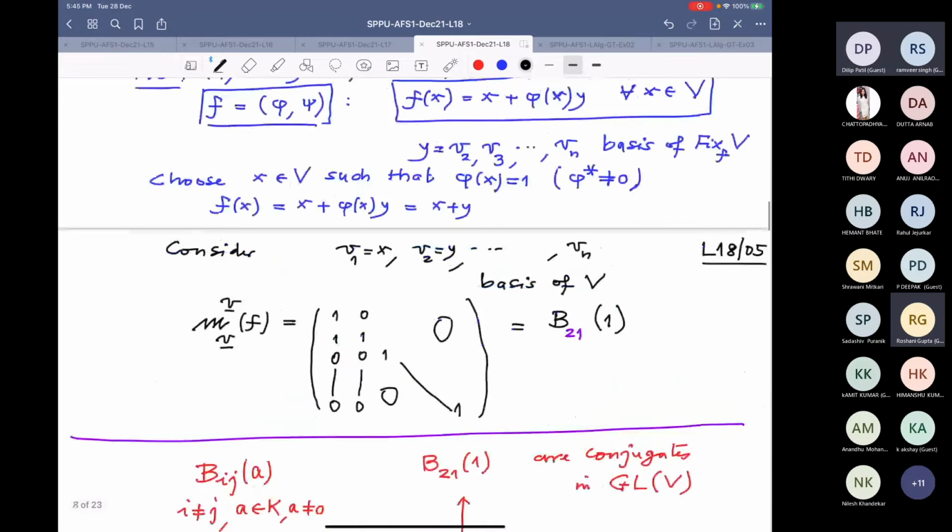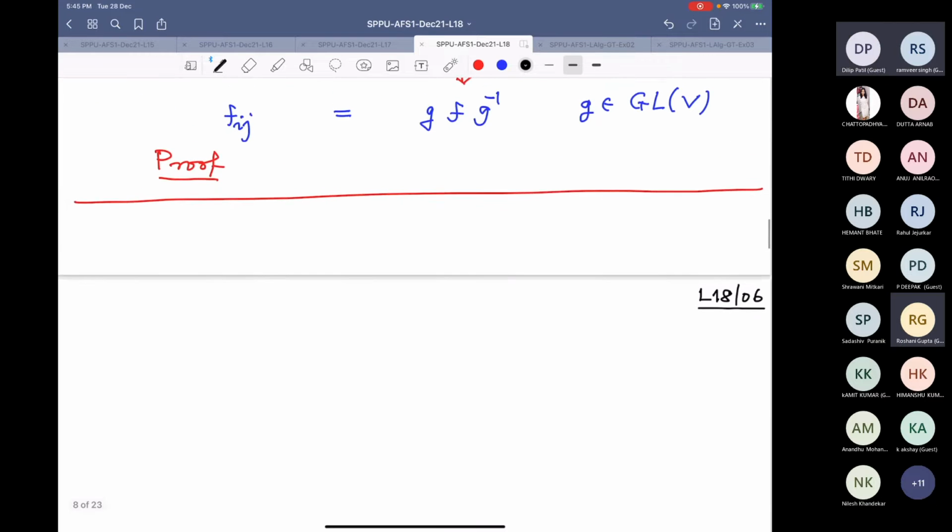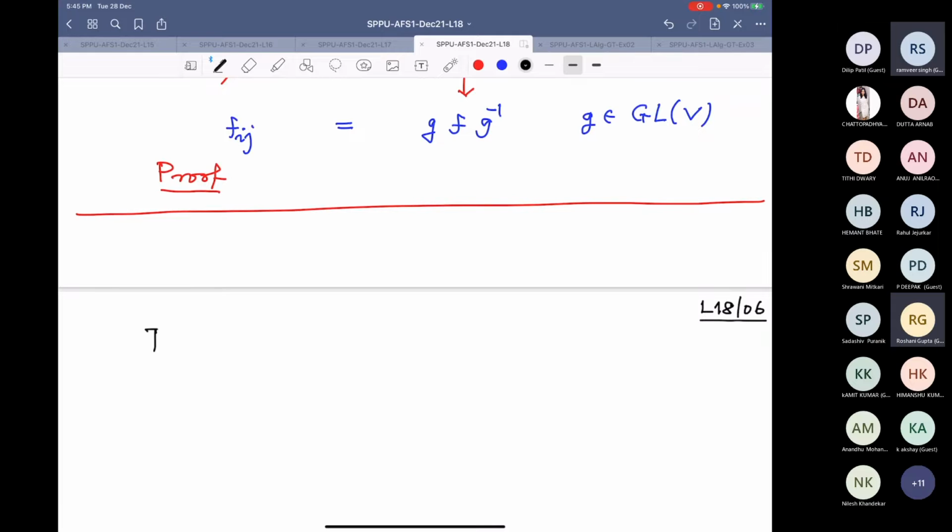Next I am writing a proposition which will enable you to see what the group structure is. This proposition is so very easy that you don't have to prove many things. It is so obvious. So what is it?